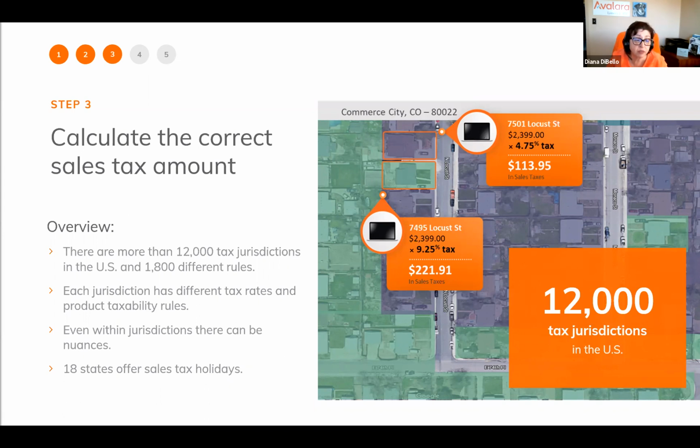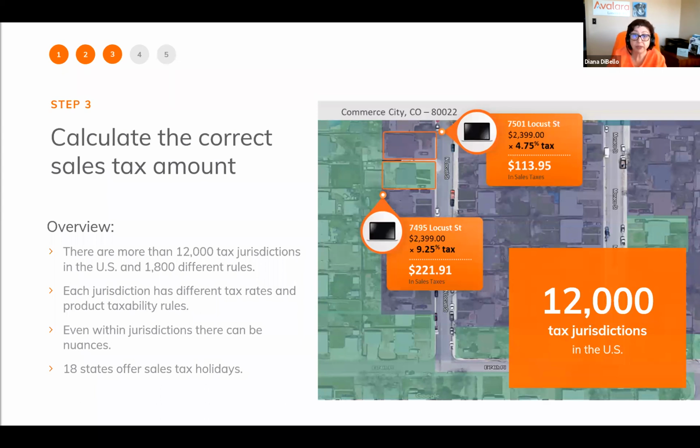So the picture here is showing Commerce City, Colorado. And Colorado is a fun state if you're located in Colorado or do business in the state. Here you see this location at 7501 Locust Street. You can see their tax rate is 4.75%. For the same computer at the location of 7495 Locust Street, their rate is 9.25%.